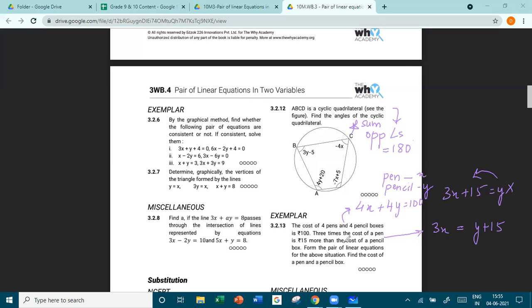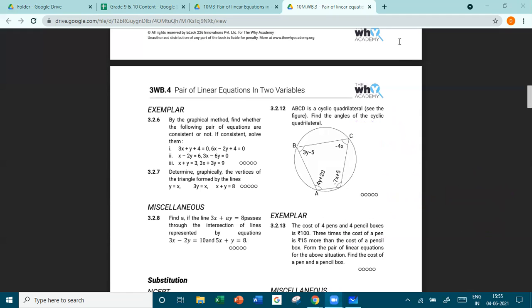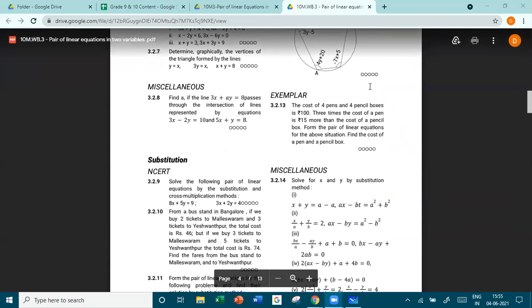But in this case, you have been given information that the pen is 15 more than the cost of a pencil box. So wherever you see more than the cost of something, add it to that itself. Yes, Mansi, correct. Rest is solvable.